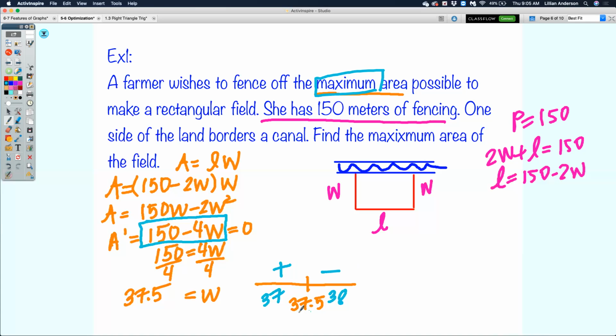So indeed, 37.5 is the value that produces a maximum. And what that means is that 37.5 is the actual measure of my width that will produce my maximum area.